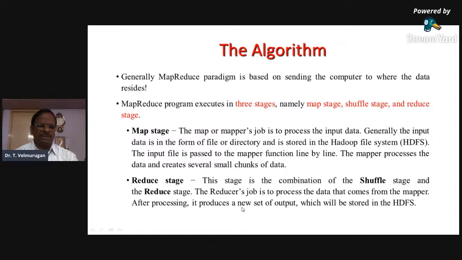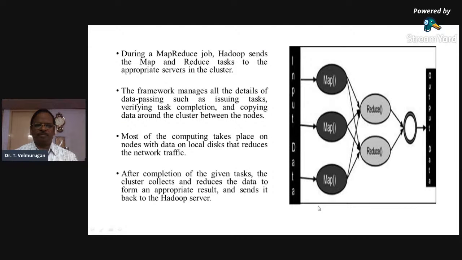After processing it, the reducer produces a new set of output which will be stored in the HDFS system. This is the main step of this algorithm.